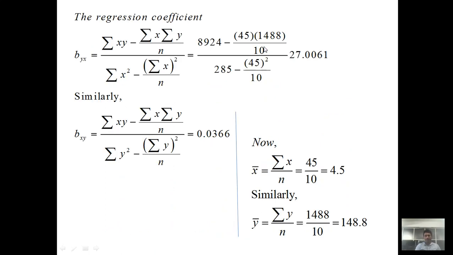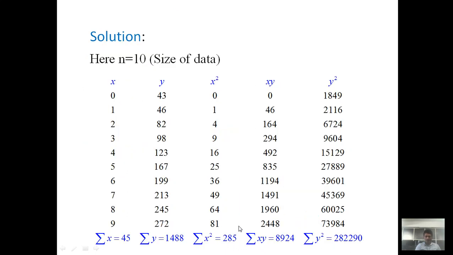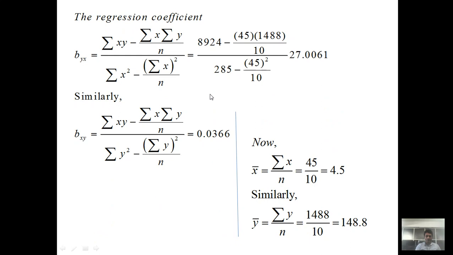So the value of n is 10, upon sum of x square. Sum of x square is 285 minus sum of x whole square, but sum of x is 45, so 45 whole square upon n, which is 10. By solving this, we get the regression coefficient byx is approximately 27.006.